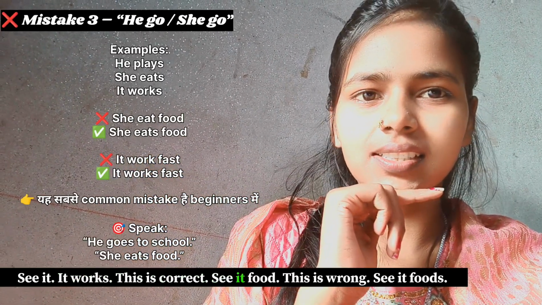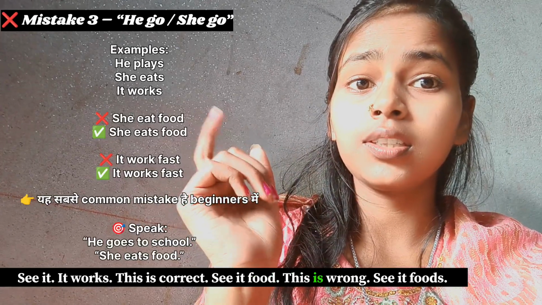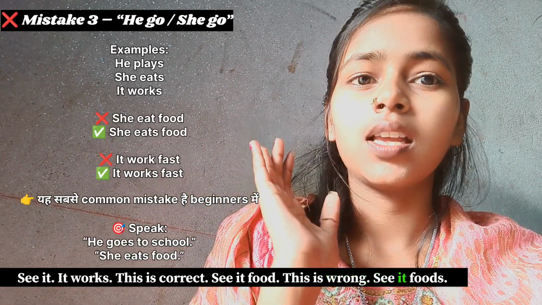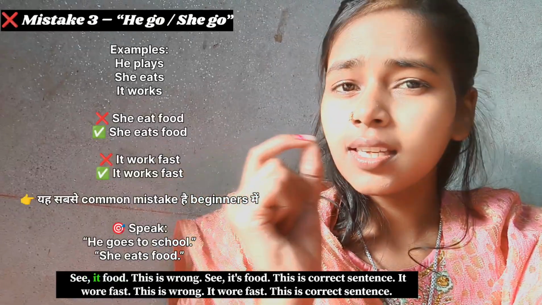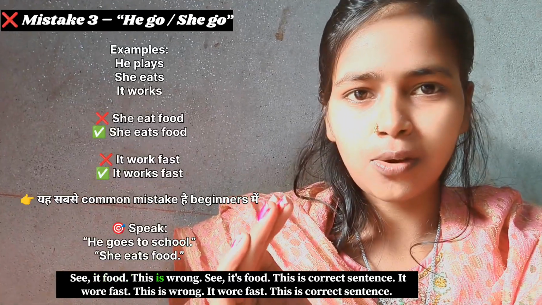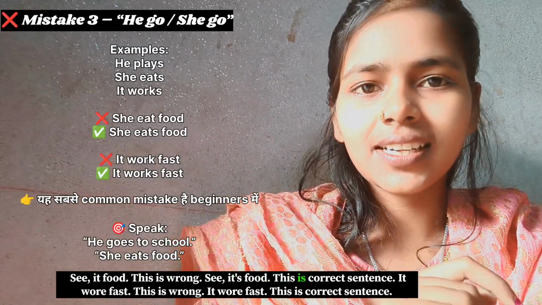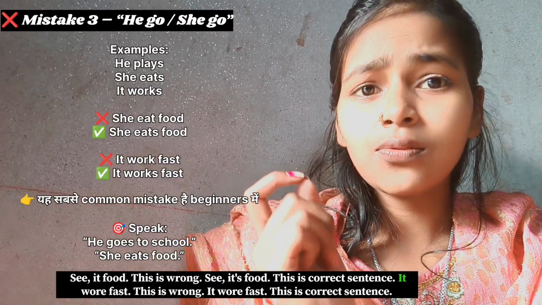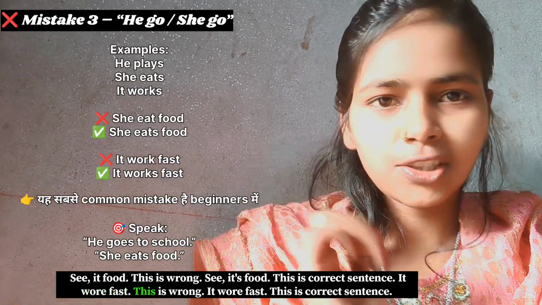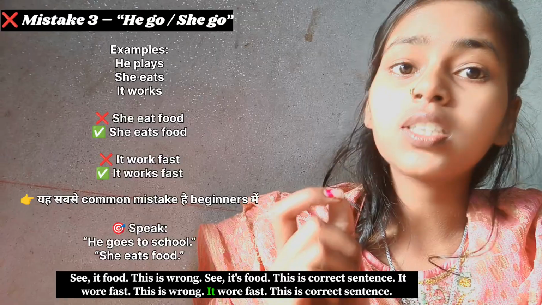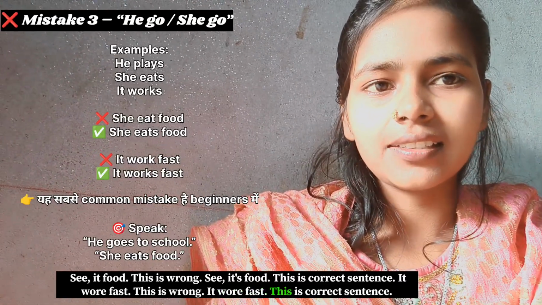She eat food. This is wrong. She eats food. This is the correct sentence. It work fast. This is wrong. It works fast. This is the correct sentence.